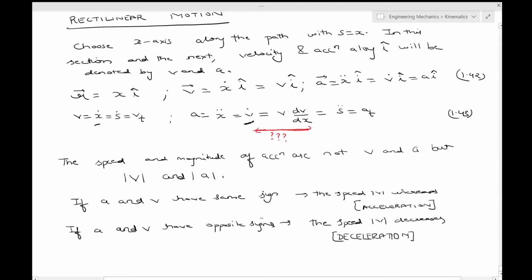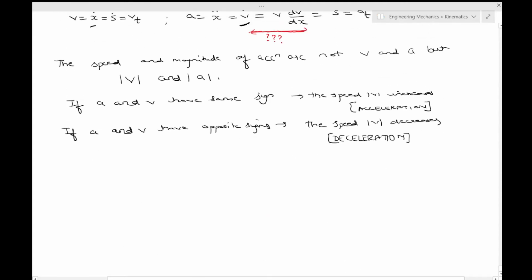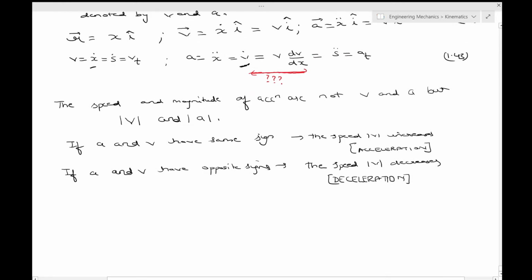So a in general, if you look at a over here, this is anyways equal to x double dot, and this can be a function of the position, the velocity v, and time. This is 1.44.